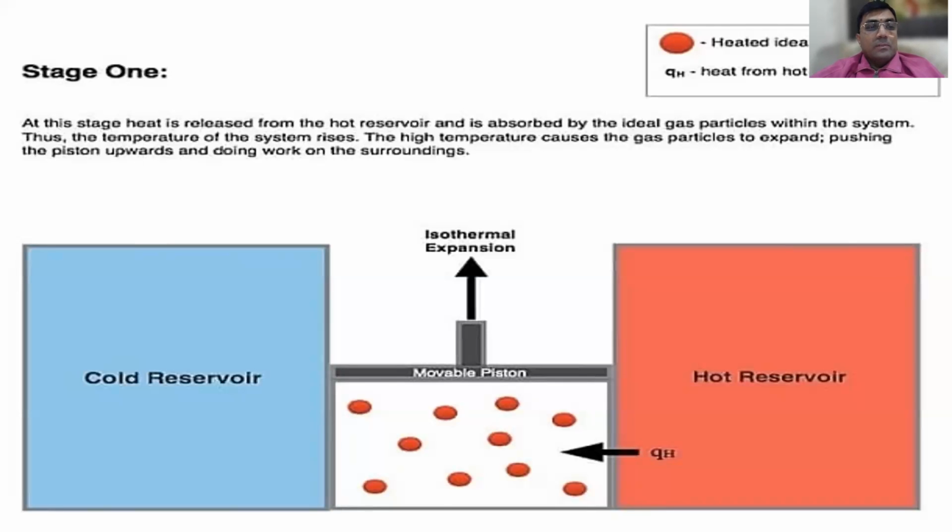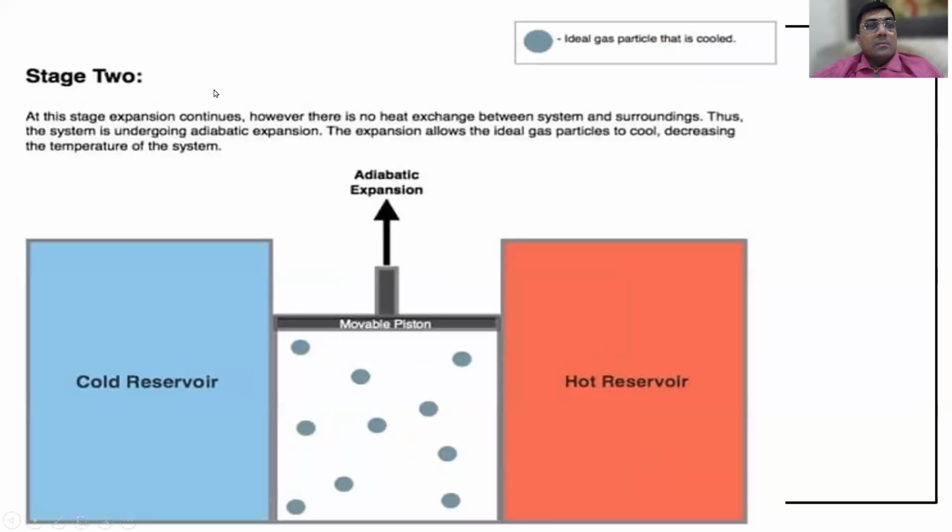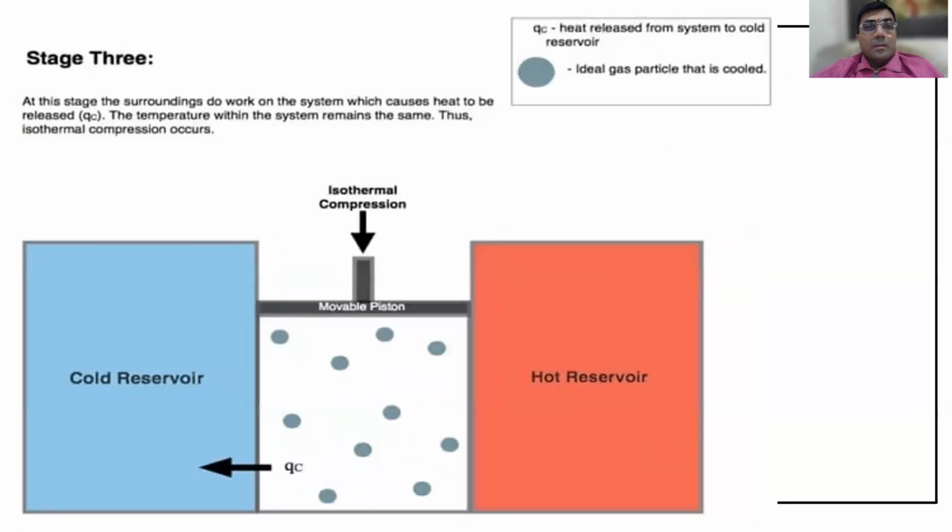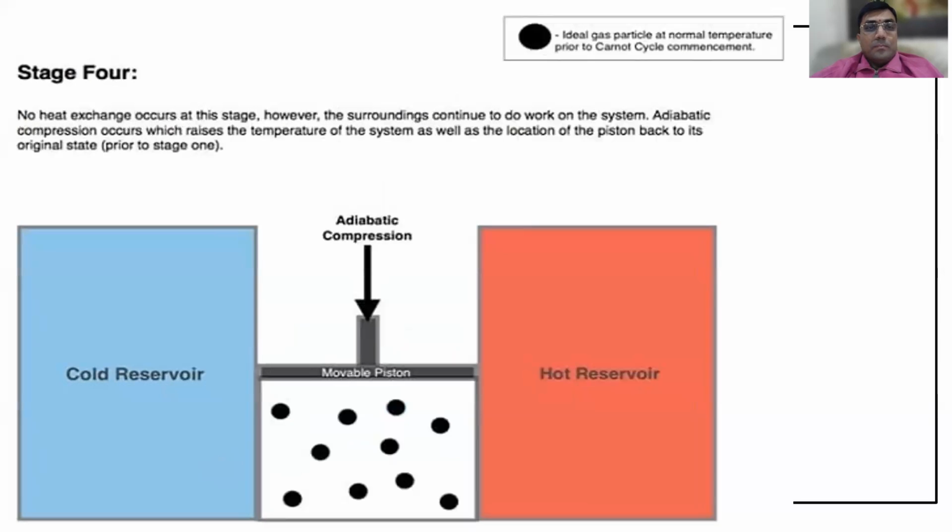I'll explain; first, you just see the steps. Stage 1 is isothermal expansion. Stage 2 is adiabatic expansion. Stage 3 is isothermal compression. Stage 4 is adiabatic compression. So these four constitute the Carnot cycle.